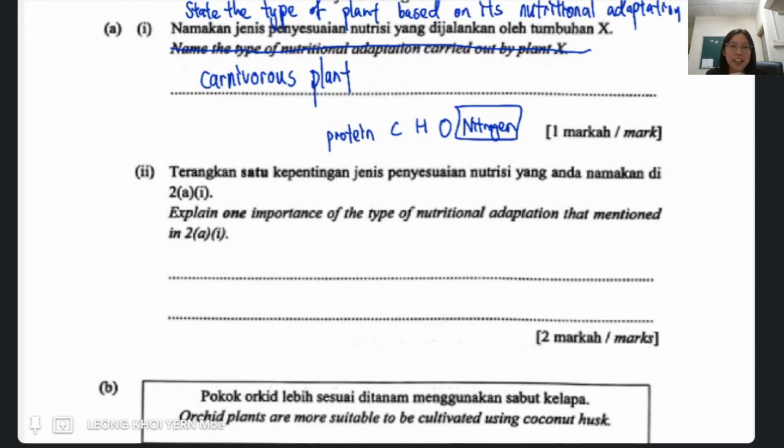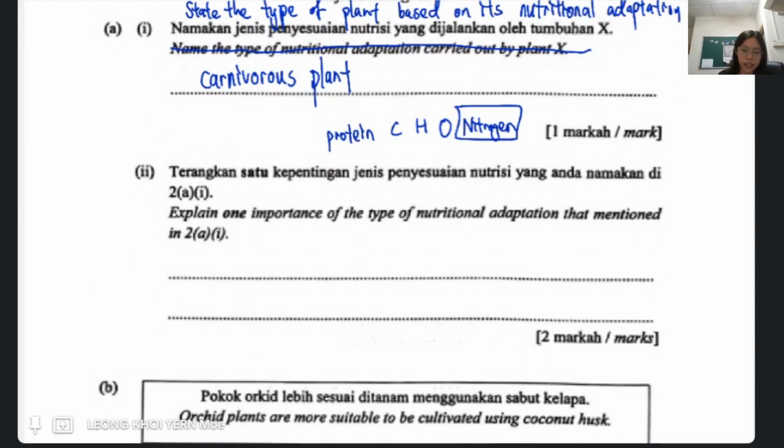But the reason why they can't just use photosynthesis and absorb minerals from the soil on their own is because normally you get nitrogen from the soil, but why do they still need to trap insects? It's because the soil lacks nitrogen.